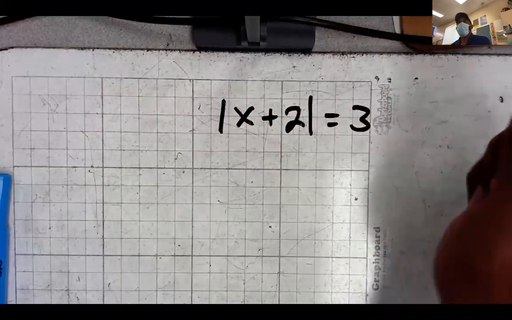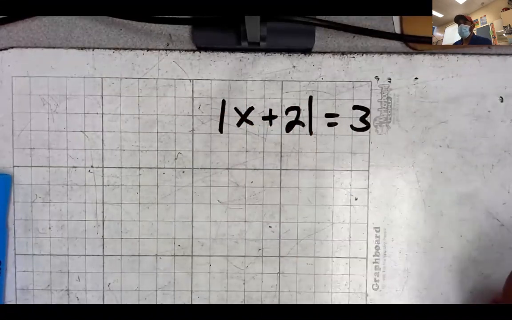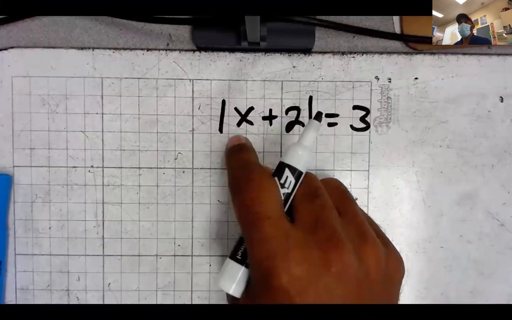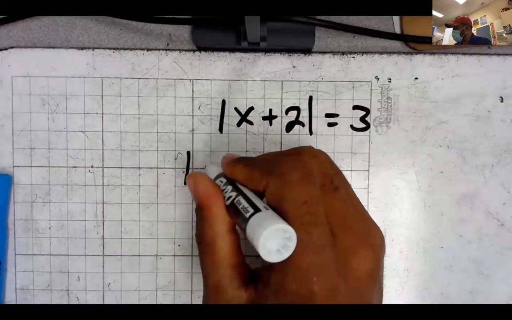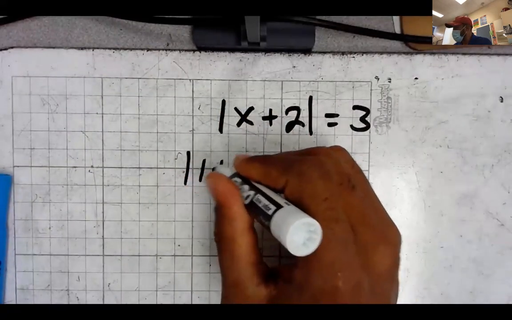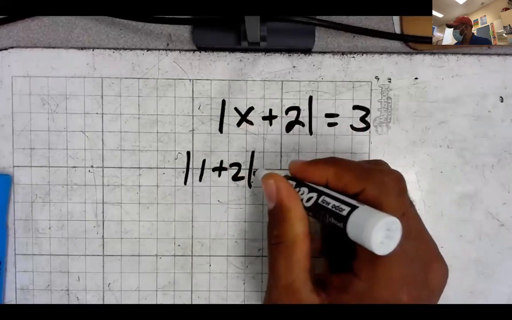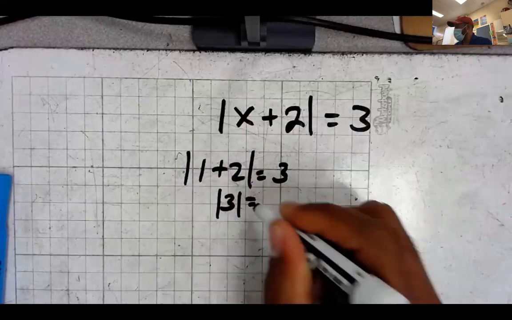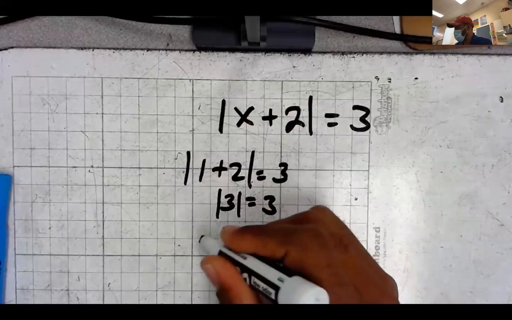So remember, anything that goes inside those absolute value bars ends up becoming positive, right? So you have to think to yourself, what would I add to 2 to make this equal to 3? Well, you'd add 1, because 1 plus 2 is 3. In other words, what would I plug into x? And when I take the absolute value of 3, well, that is 3.